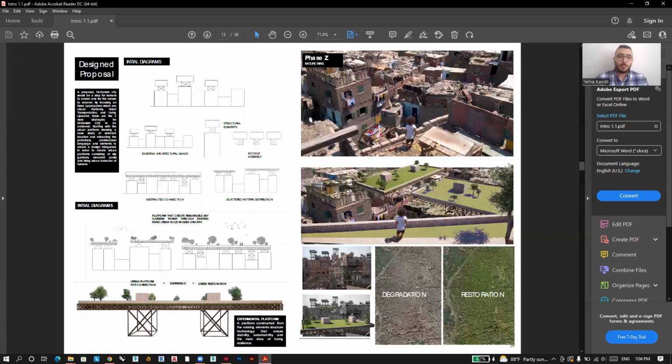Phase Y: start making design concepts to generate urban interventions, fix the degradation that happened to nature, recover it, and achieve the restoration concept.